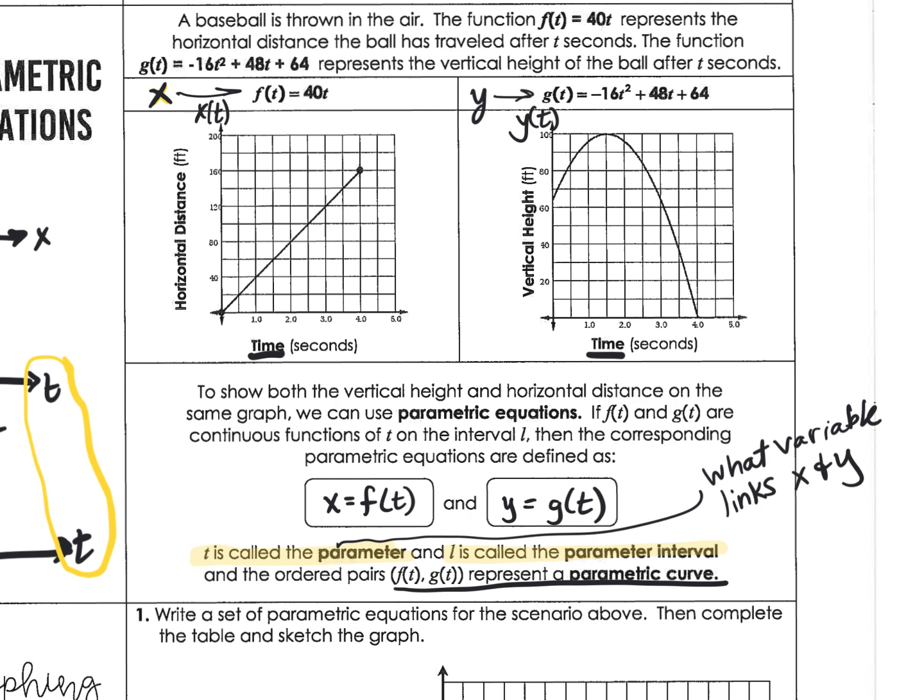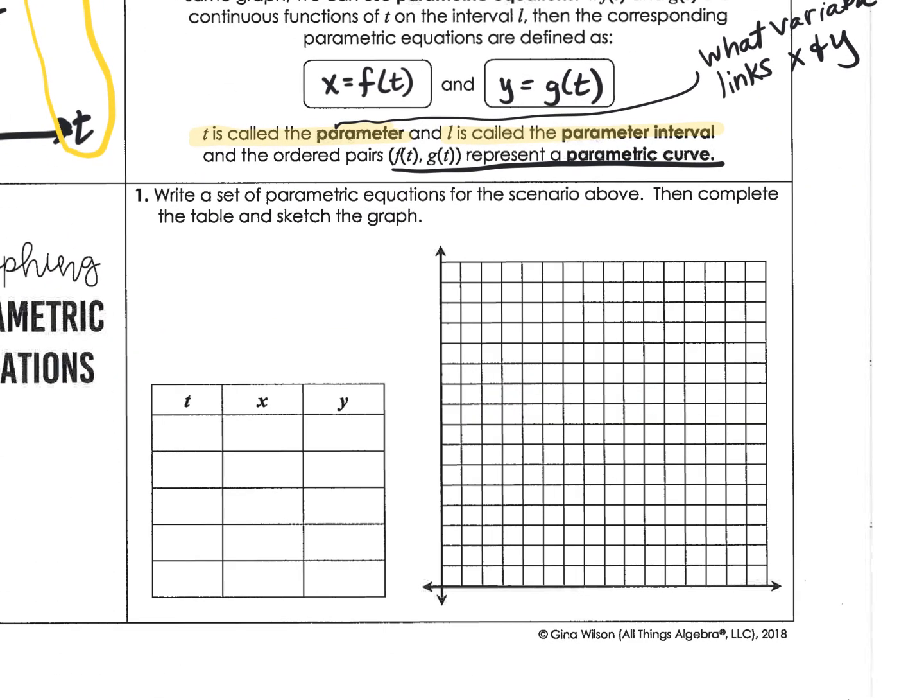So how do we get the parametric curve? Well, we pick t and we plug it into x and we plug it into y, and then once we have x and y separately, guess what we can do? We can graph them like we normally would on an x, y coordinate plane. Does that make sense? So what is our time interval?